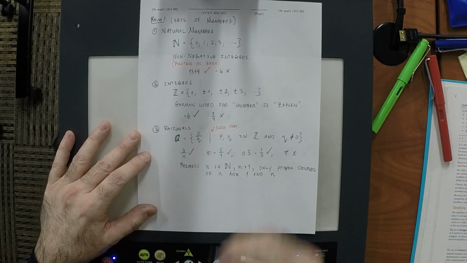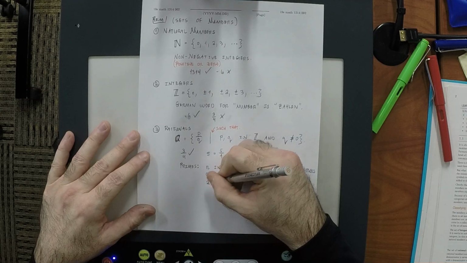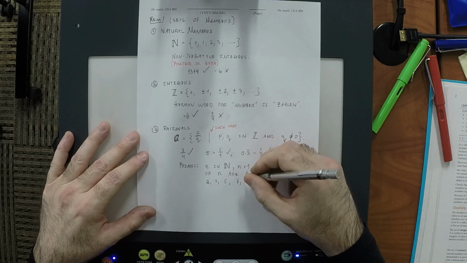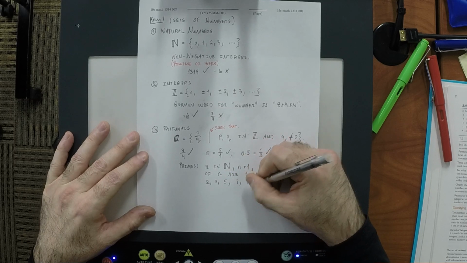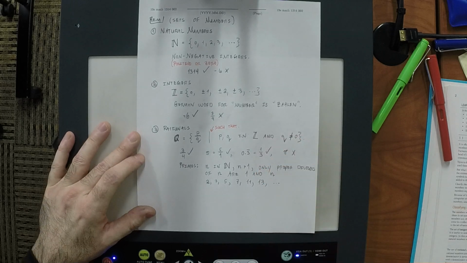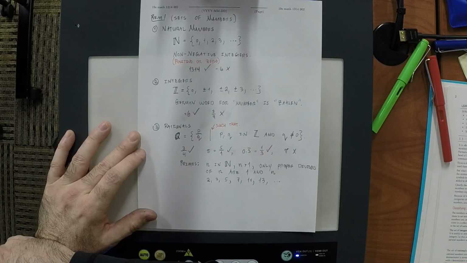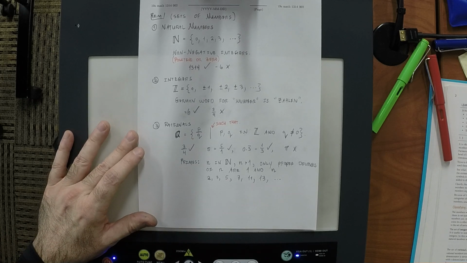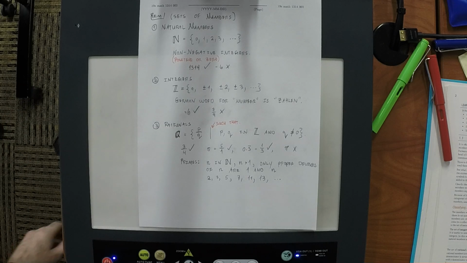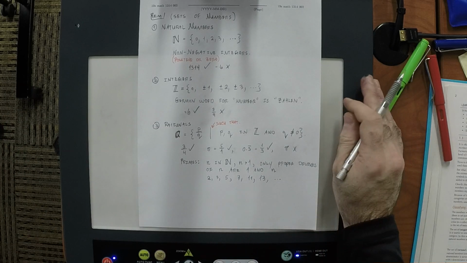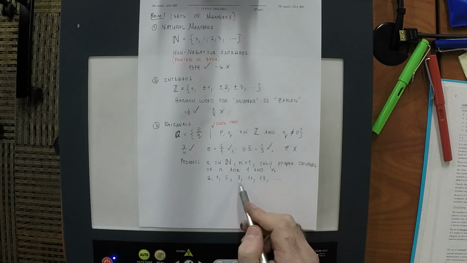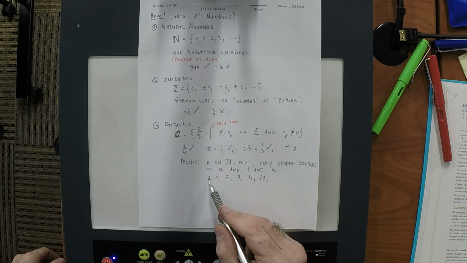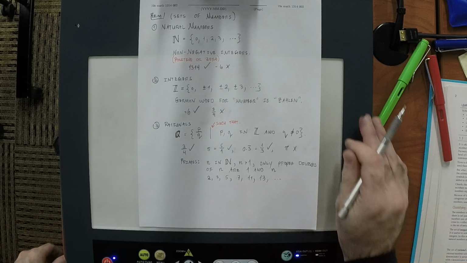The list of primes: the least prime is 2, and then the next are 3, 5, 7, 11, 13, and so on. So 2, 3, and then we skip 4. Why did I skip 4? Because you can write 4 as 2 times 2. 5, we skip 6 because 6 is 2 times 3. 7 you can't factor, so it's prime.